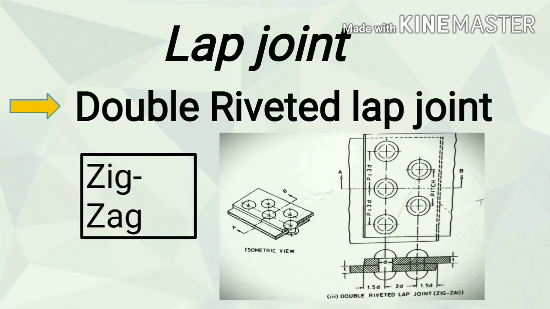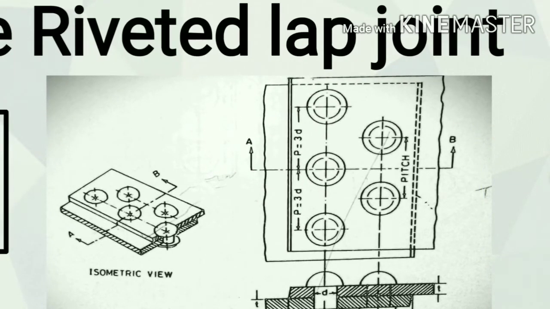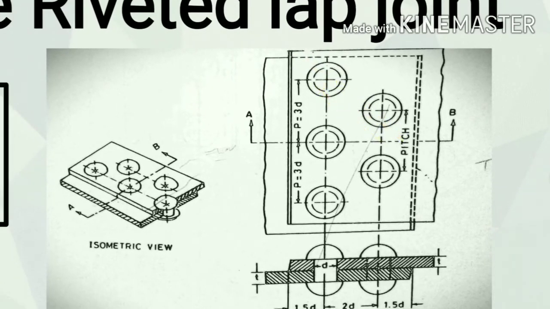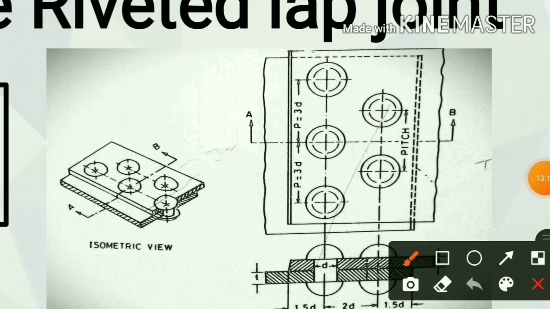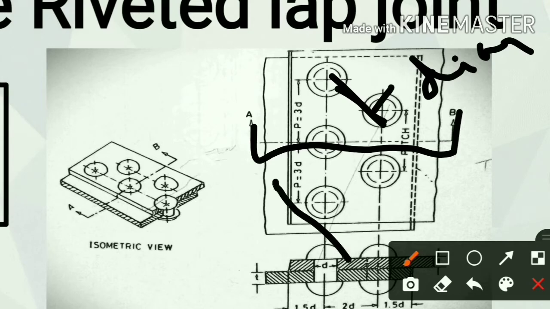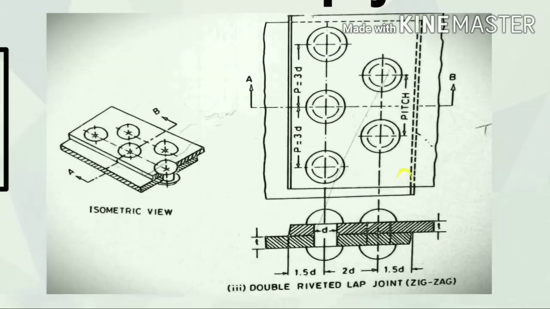Lap joint, double riveted lap joint, zigzag. Zigzag means one rivet and another rivet are in diagonal. This type. This is diagonal. When we cut the section of this plate, it looks like this.